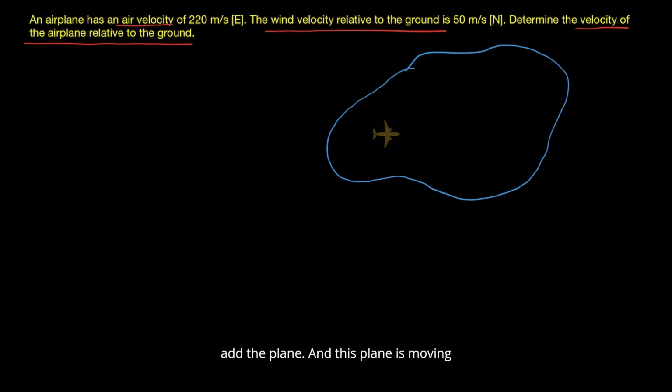Now let's add the plane, and this plane is moving at 220 meters per second inside this air bubble, as if the air bubble were perfectly still. We can express this velocity as VPA, the velocity of the plane versus the air.